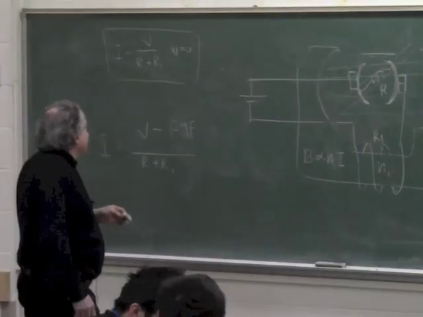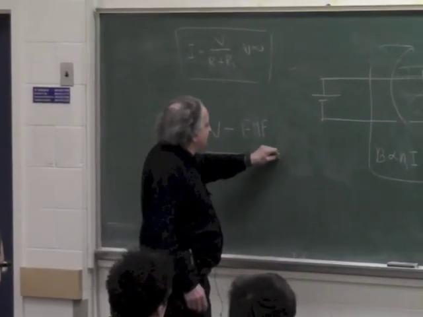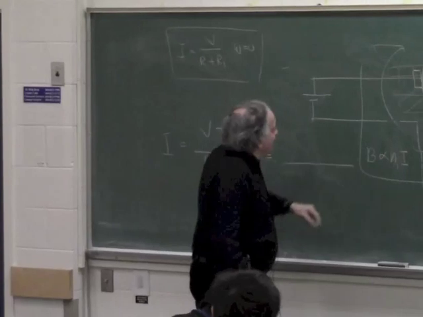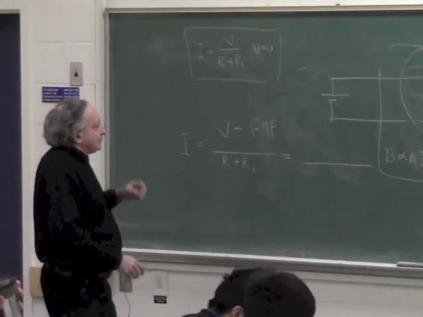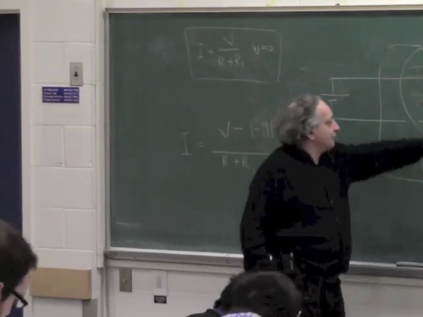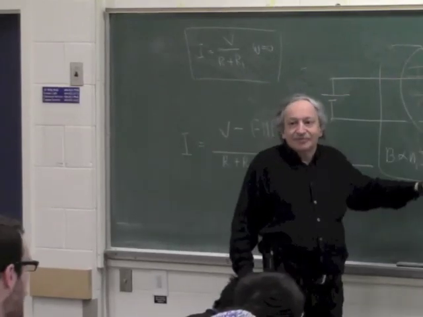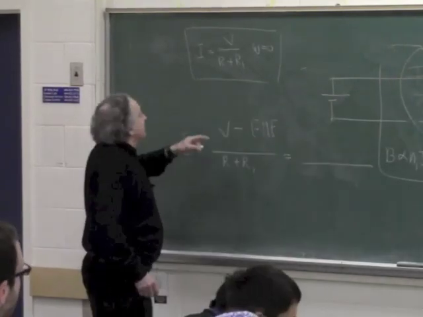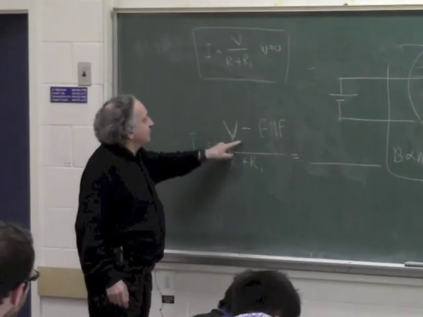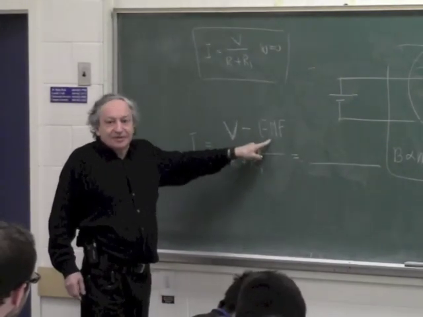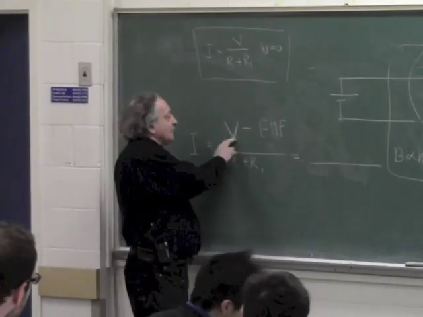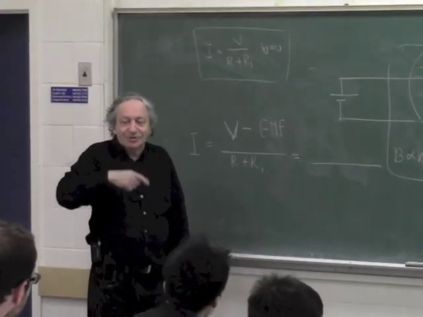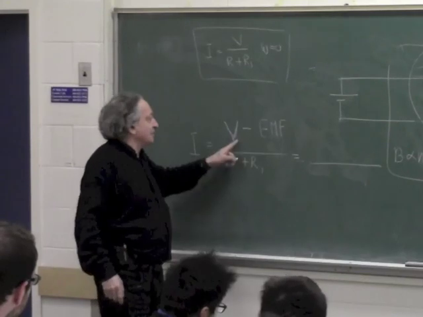So you can plug in the numbers. If you want to see the equations, it's easy to plug in the numbers, but the important thing is to understand intuitively that the current which is forming B is basically just the difference between the voltage and the EMF. If the motor has no load, the EMF is trying to catch up with the voltage, because it goes faster and faster until the EMF catches up with the voltage.